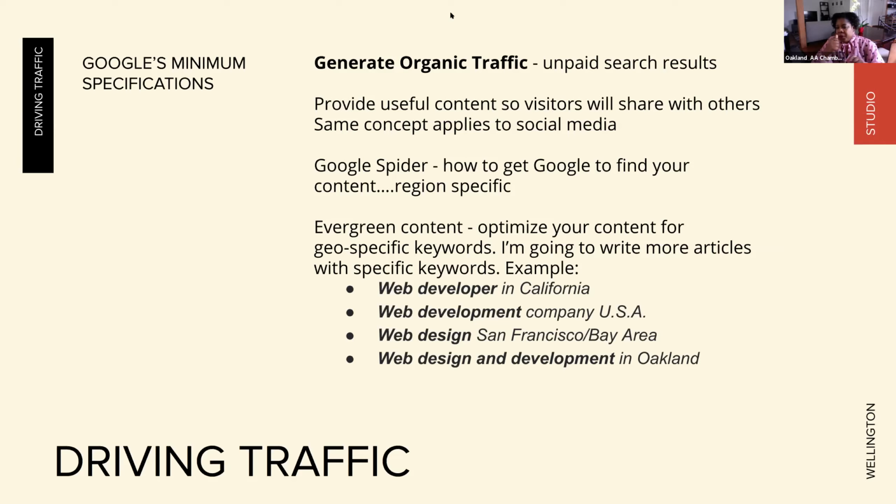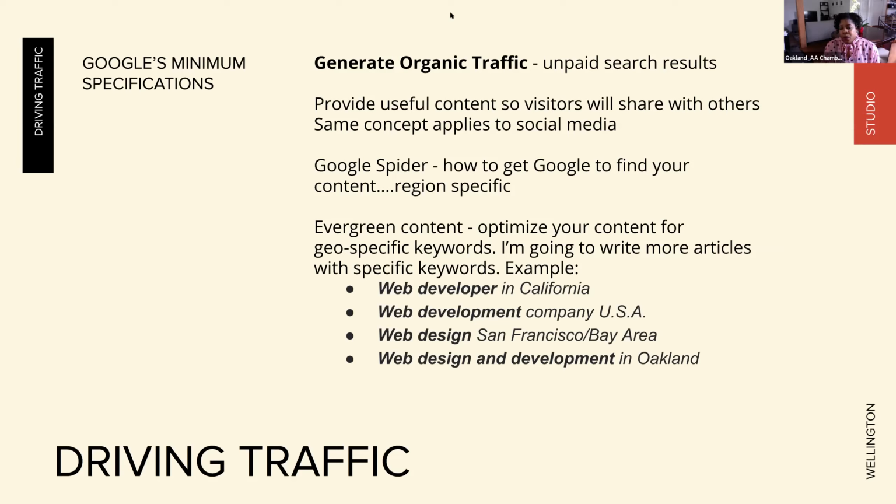So I'm going to write more articles with specific keywords, for example, web developer in California. I'm going to use that throughout the article whenever I can. Web development in the US, web design San Francisco Bay Area, web design and development in Oakland.